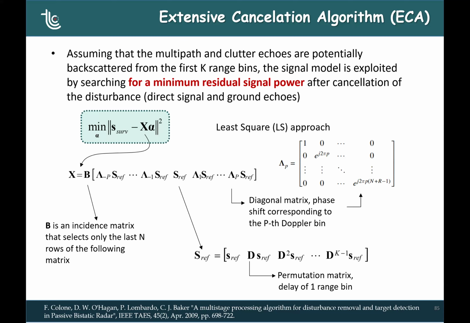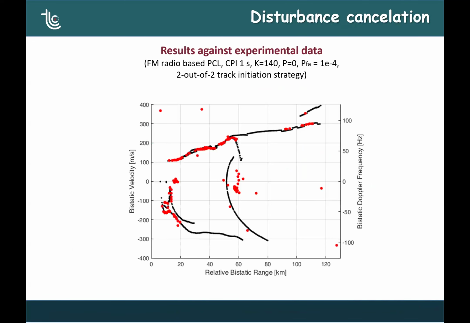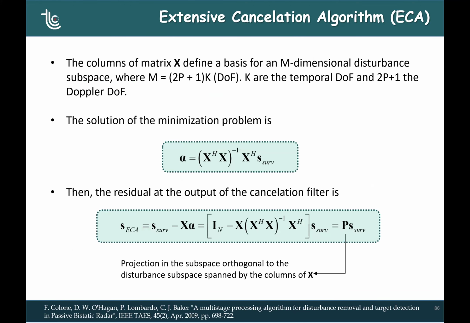It was introduced in 2009 in the paper that you see cited here at the bottom of the slide. At this point, the solution of this minimization problem is something that is standard in signal processing. So the coefficient alpha is this one.